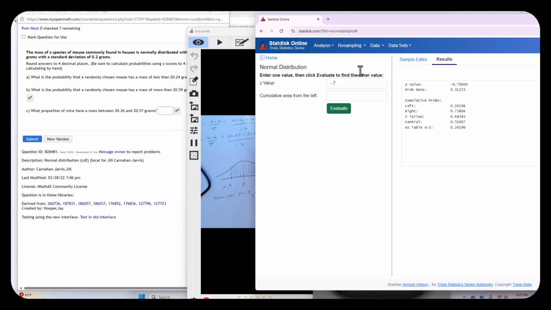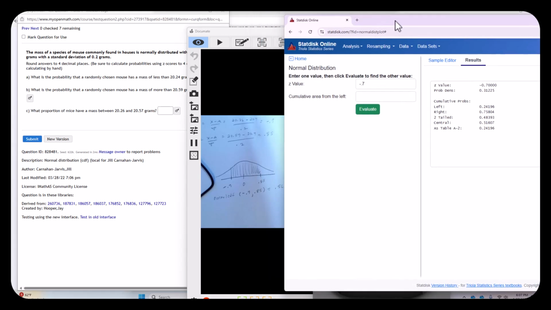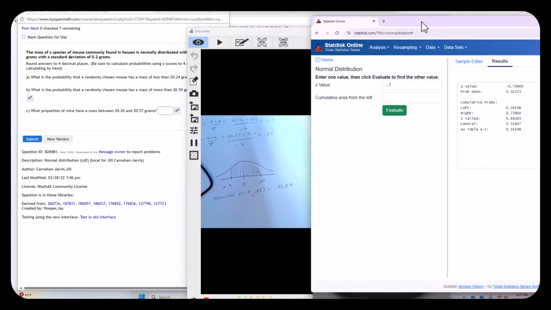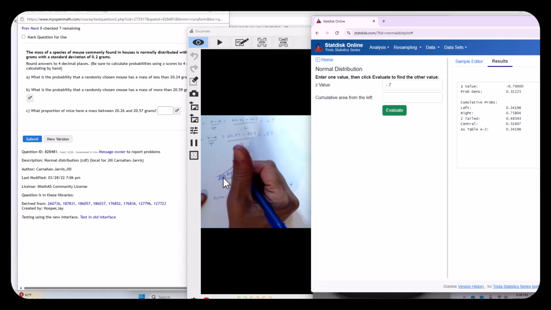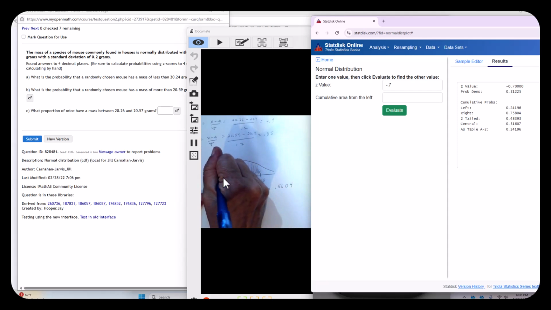So let me slide this over a little bit. From here to here, let me get a different color, I'll color that with blue. I know that this is going to be 0.24196. I'll draw a line here.